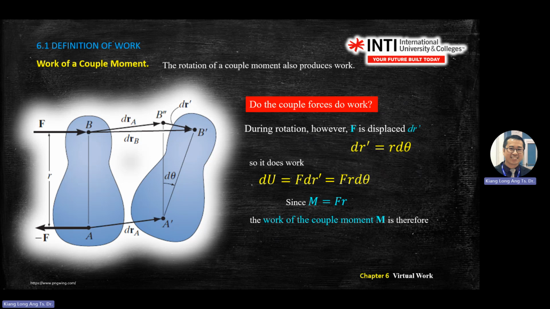When there's an object with a force moving a distance S, the force combined with the distance traveled creates work. So U equals F multiplied by S, where S represents the distance traveled by the force.